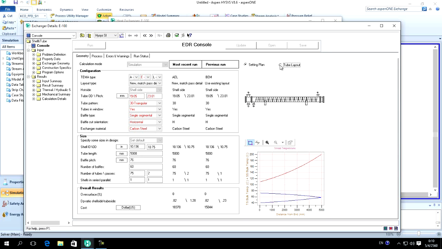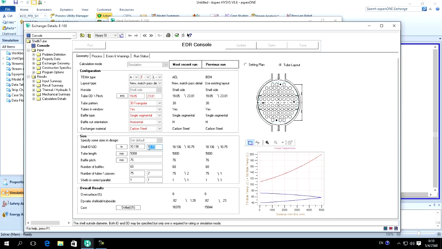Let's see the tube layout. The shell diameter might be too small, that's why I cannot put more tubes in here. So I start by changing this outer diameter first to be 15.25.